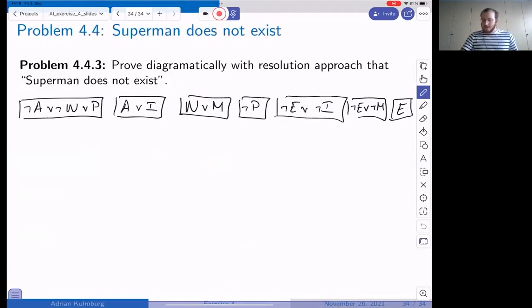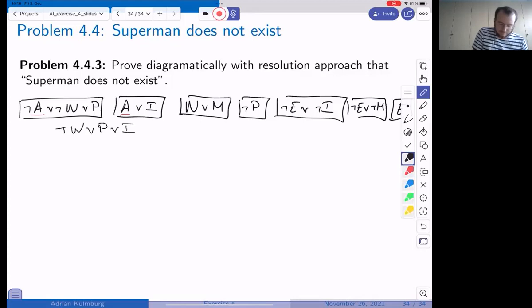Okay. So finally, let's go to the resolution graph. We're going to start here on the left side. Here we have an A and a not A, so we can cancel them and just write W or P or I. Okay, so we combine those two.